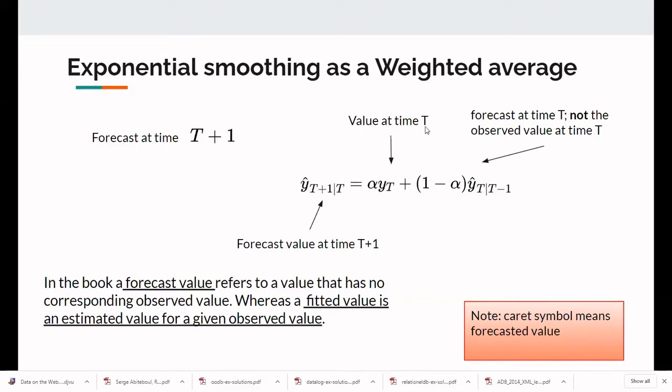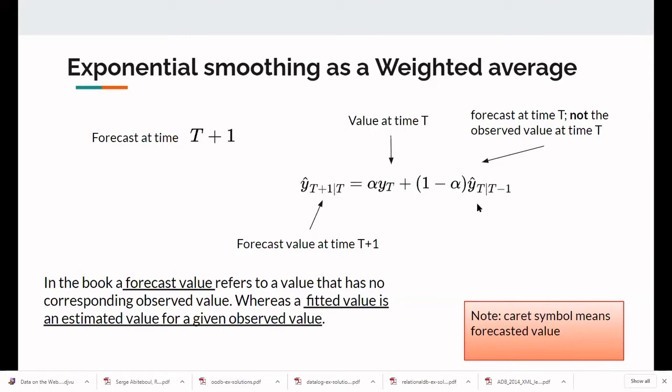So the equation just tells us that if we want to forecast a time t plus 1, we have here y hat t plus 1 equal to alpha y sub t. So t here refers to the latest observation. Okay? And then we have plus 1 minus alpha times y caret t given t minus 1.